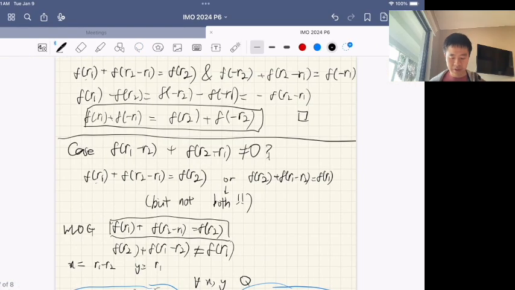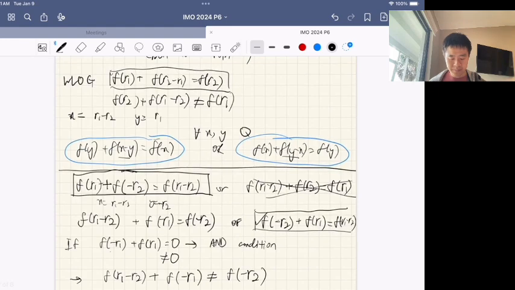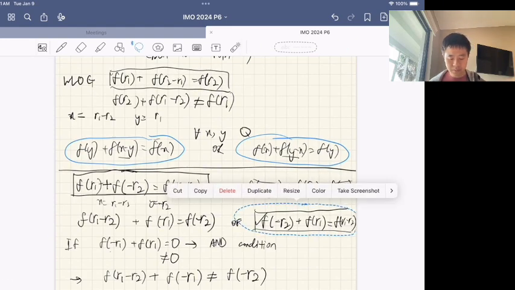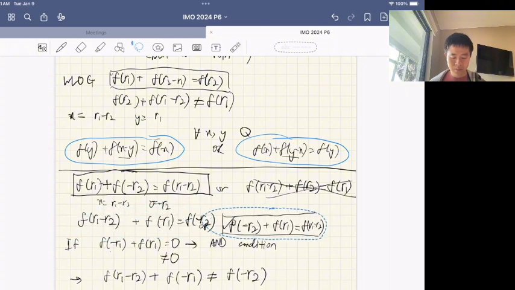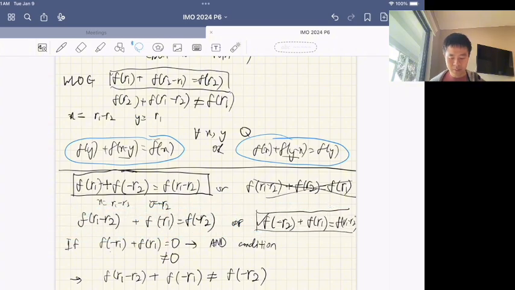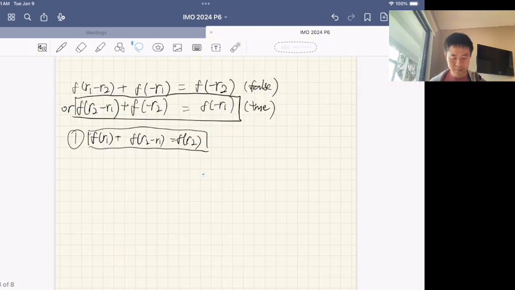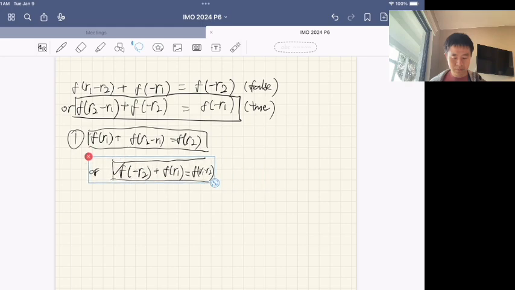The second one is this one. And then the third one, I'll just write it down.